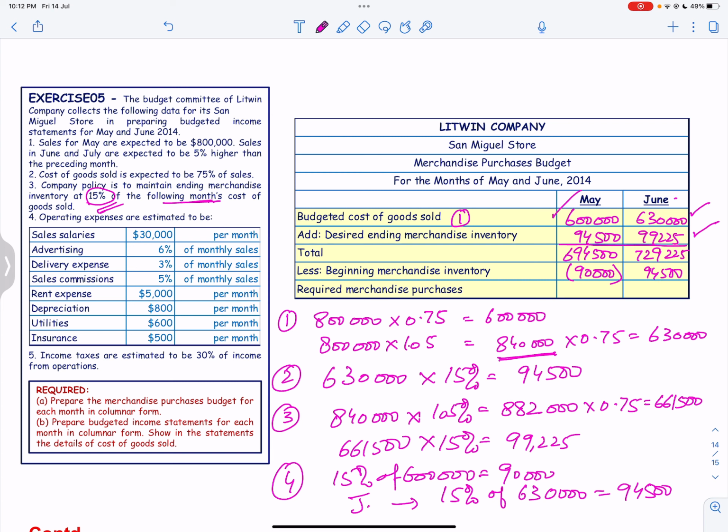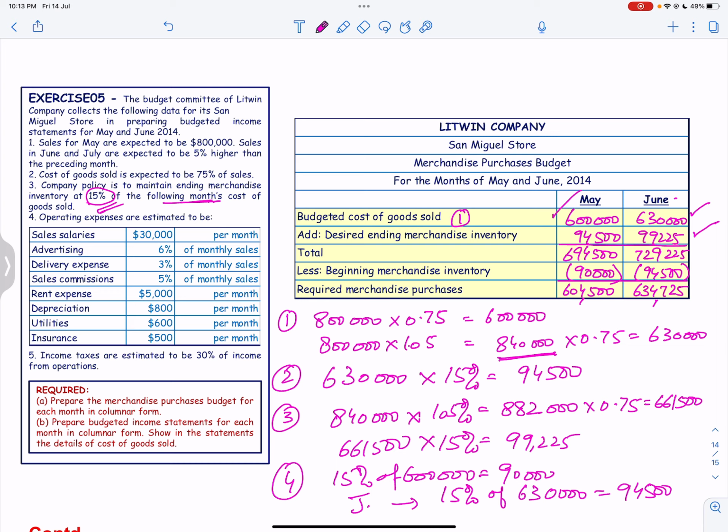Let me check once more. 630,000 into 0.15, that is 94,500. And now we have the required merchandise purchases, and that will be, we are subtracting, 604,500 and 634,725.